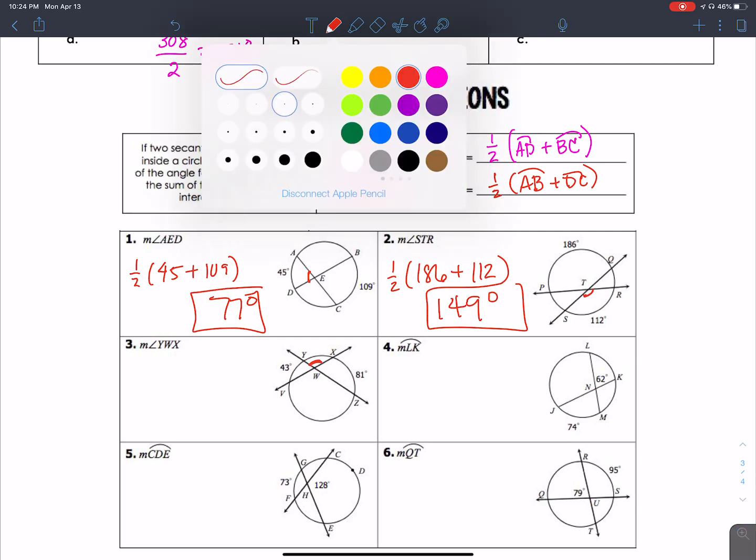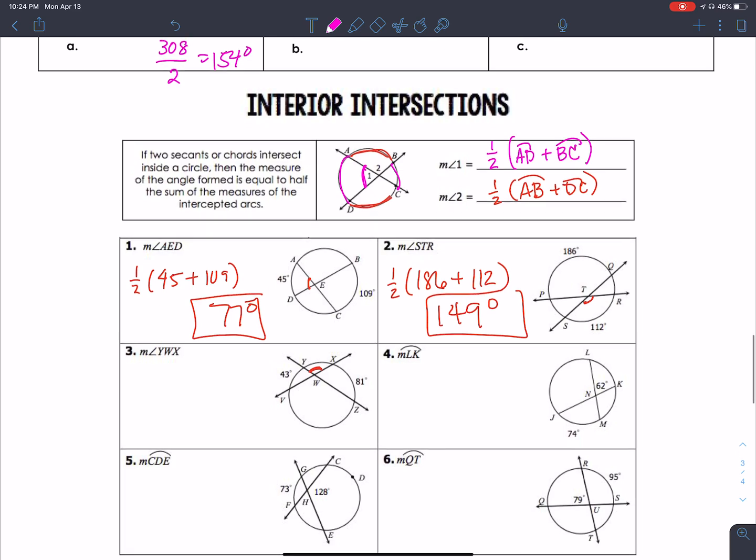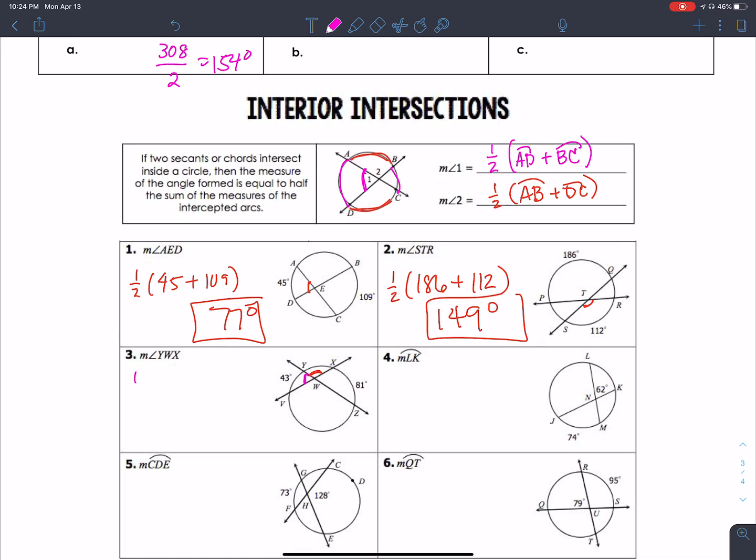Angle YWX, so that's the opposite angle. So what you're going to do is half arc plus arc, which gives me 62.